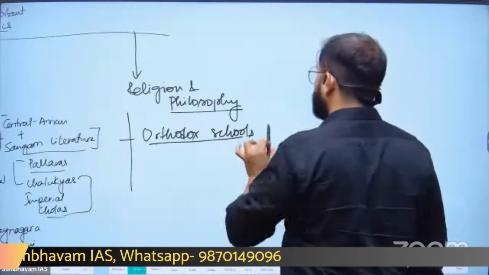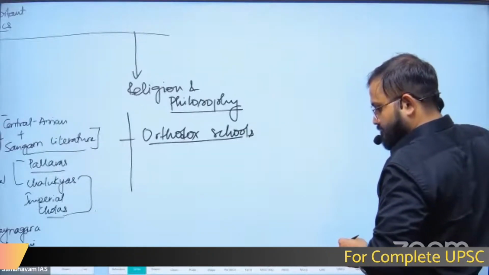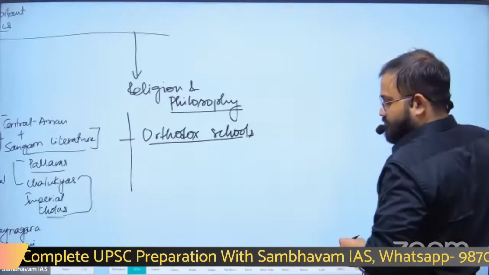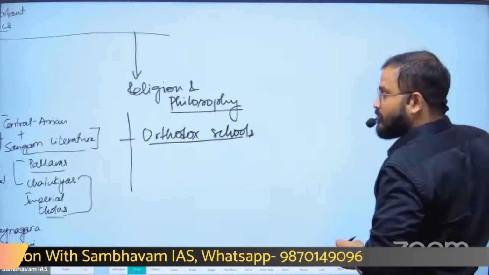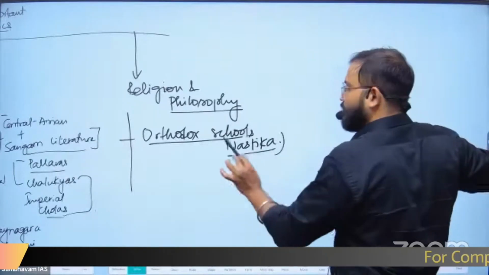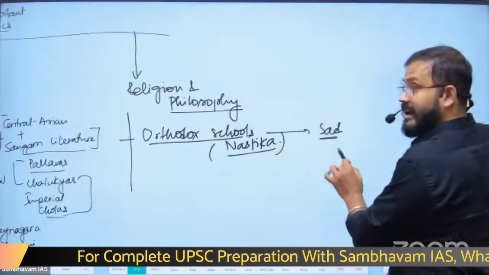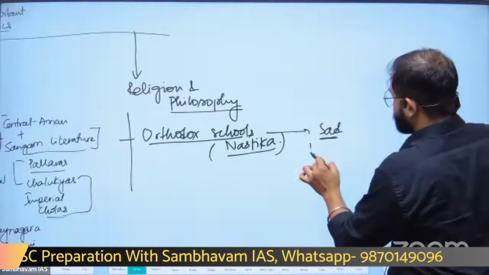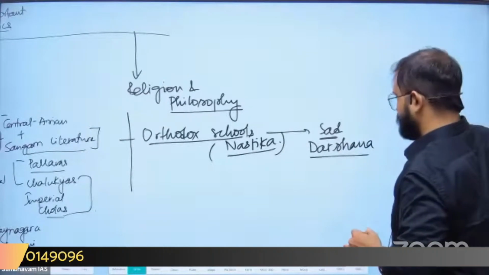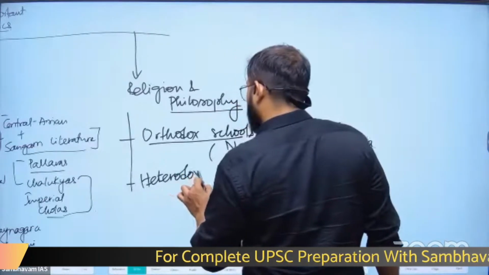Orthodox schools, basically, they're classified as the six Darshan, and there is the heterodox school.